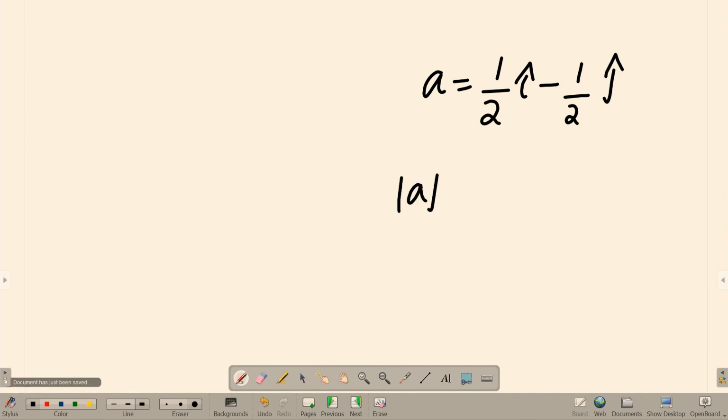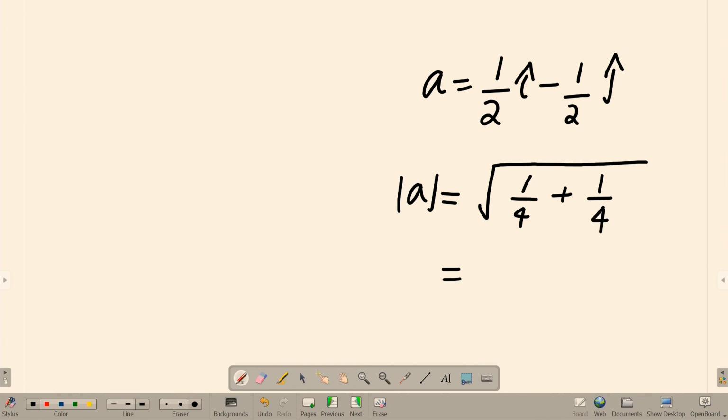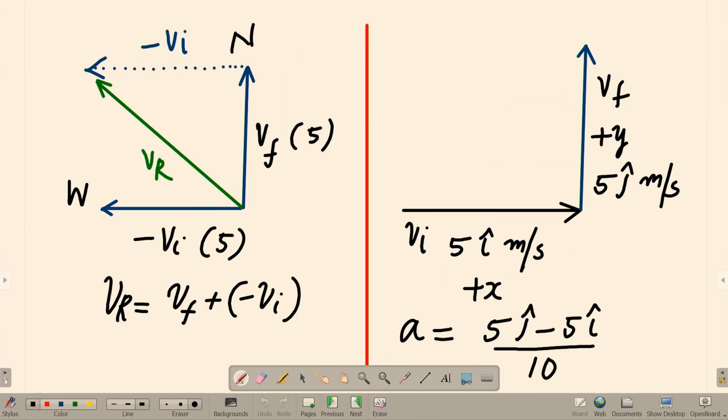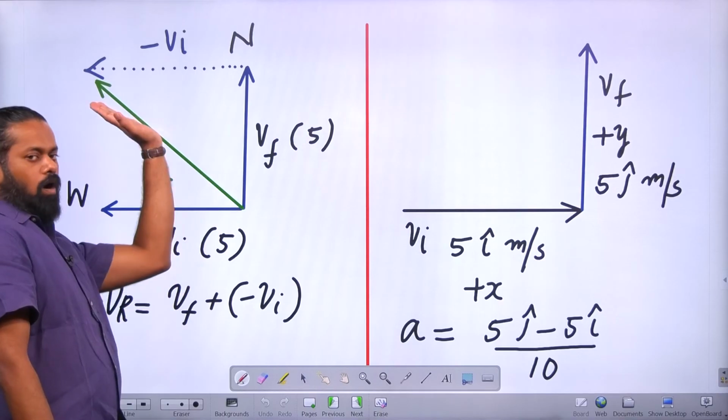Magnitude is equal to under root of (1 by 2) whole square plus (1 by 2) whole square. How much will come? This is going to be equal to under root of 2 by 4, or under root 1 by 2, so acceleration is equal to 1 by root 2 meter per second square. This is the value of magnitude, and direction is along the northwest direction.